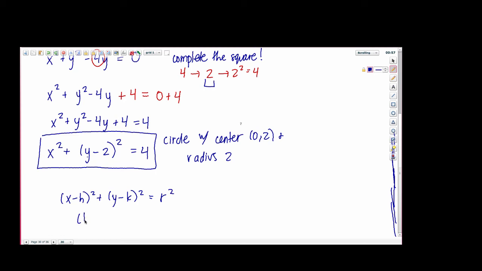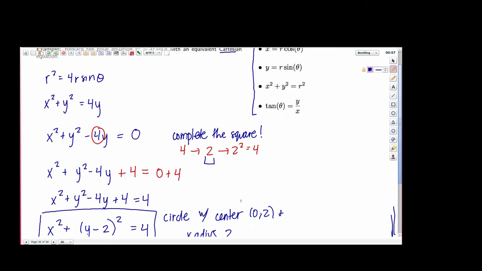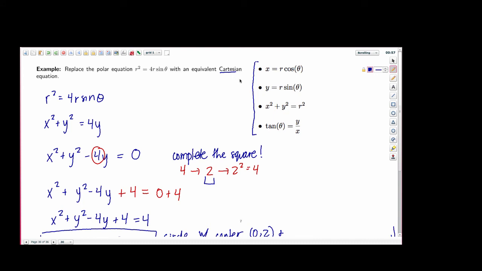So this is the equation of a circle with center h, k and radius r. So here we've got center 0, 2 and radius 2. So the key points to focus on for this problem are using our relationships between Cartesian and polar to convert to x squared plus y squared equals 4y, and then this completing the square technique, which we're going to need later on.